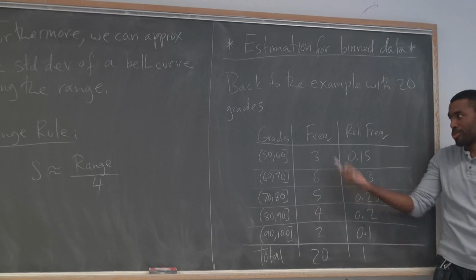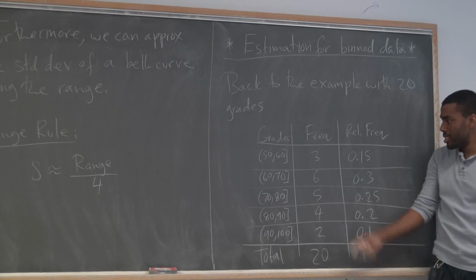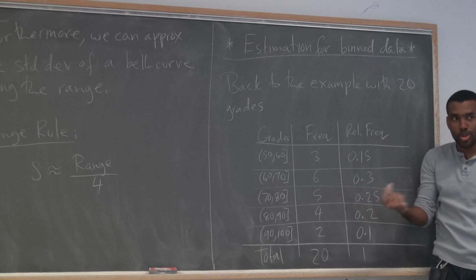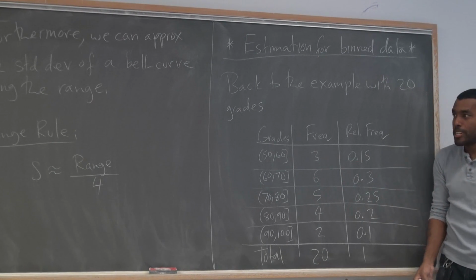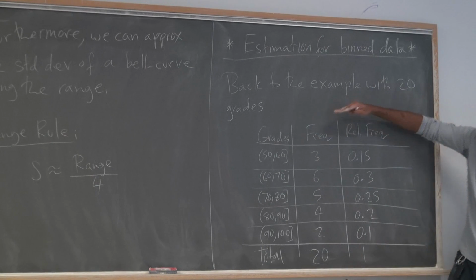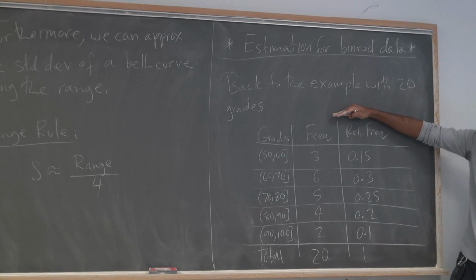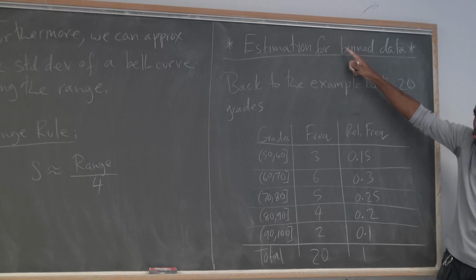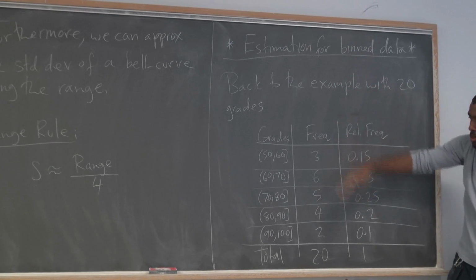I just know 3 of them are somewhere in this range, 6 of them are somewhere in this range. So I put my information in a short table that's more usable to me, but now I'm worried, did I lose all the information I need to actually answer some important questions? The idea is no, we can actually estimate all the important things we need from this table.